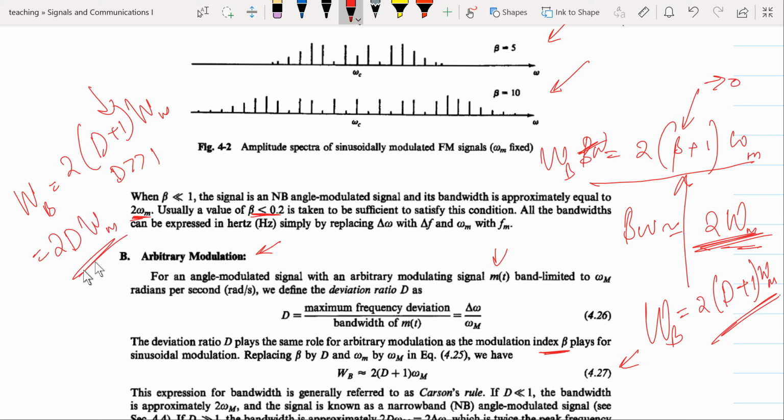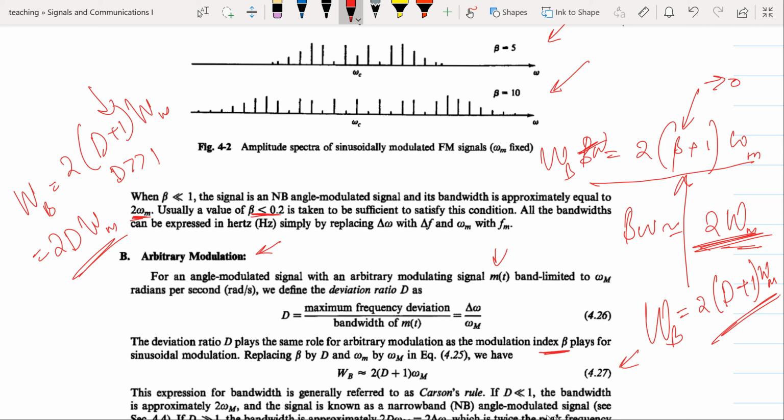That is something we have already said. The bandwidth is approximately equal to 2D omega M, which is equal to twice the maximum angular frequency change, that is, twice the peak frequency deviation. Such a signal is called a wideband modulated signal.